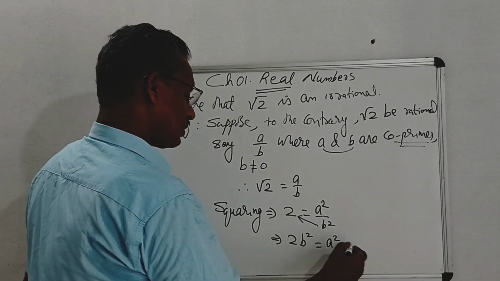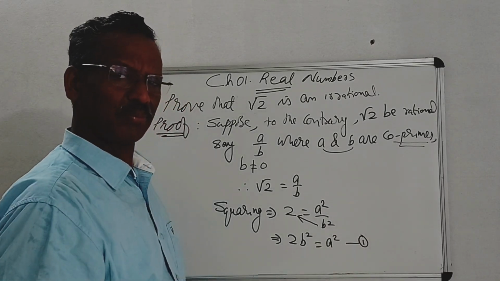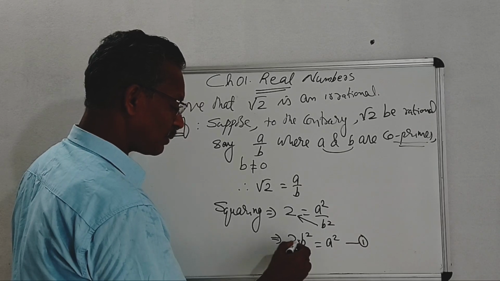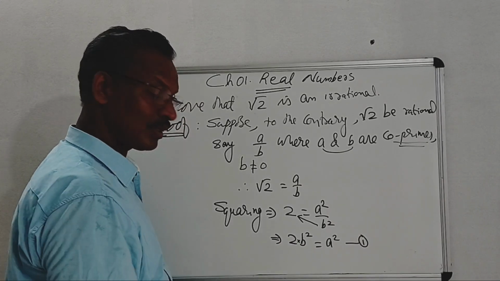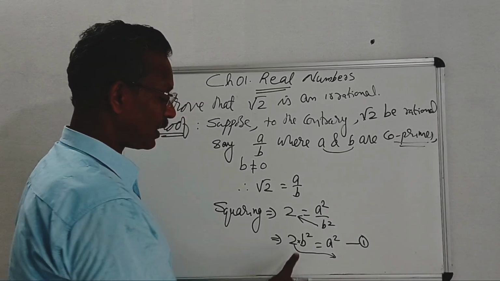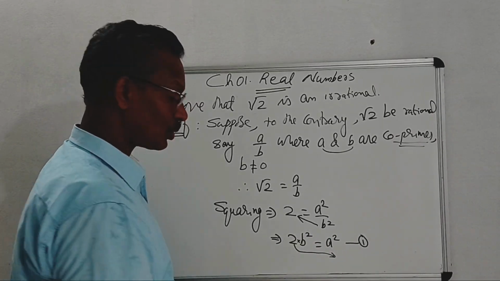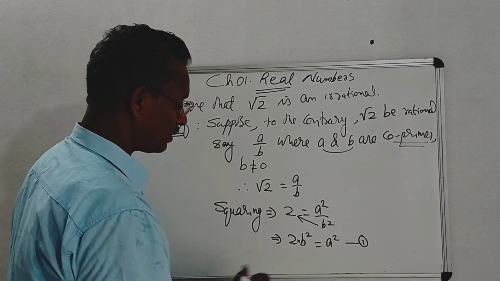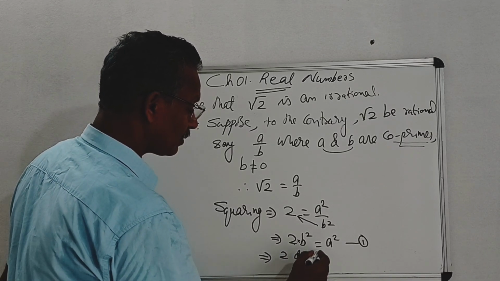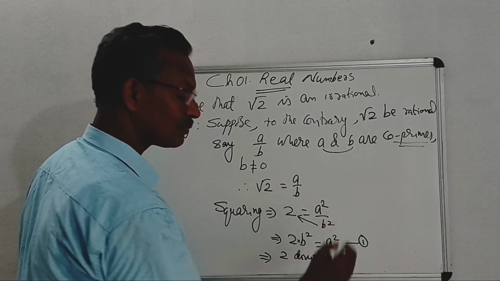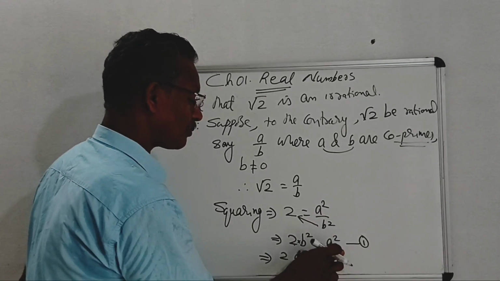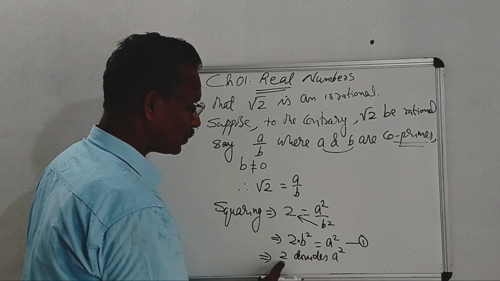After reaching this, let this be equation 1. What you can understand is 2 is multiplied with b square. What can 2 do on the other side of this equation? 2 can divide a square. So we take the divide part which tells 2 divides a square. And just now we studied a theorem where 2 is a prime number.